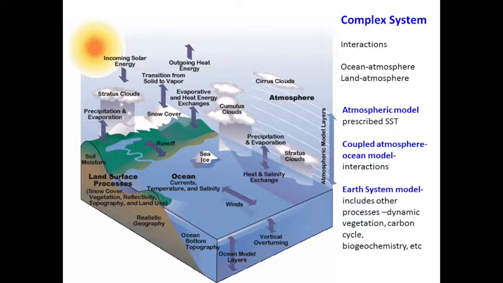So we have, only to simplify, 3 kinds of models. For example, atmospheric model. In one atmospheric model, we have all the processes in the atmosphere, and the boundary conditions are prescribed. So we give to the model the sea surface temperature, that is the main surface boundary condition.